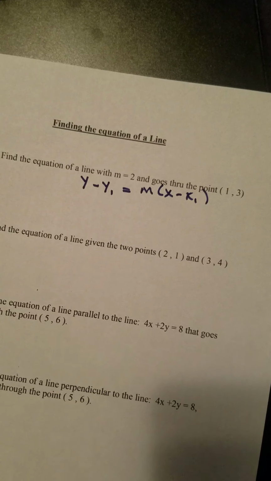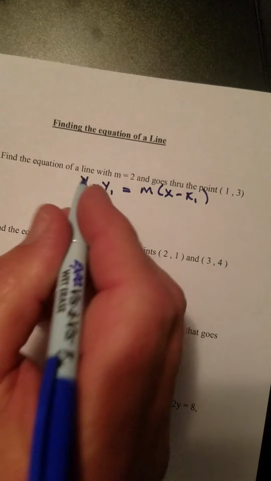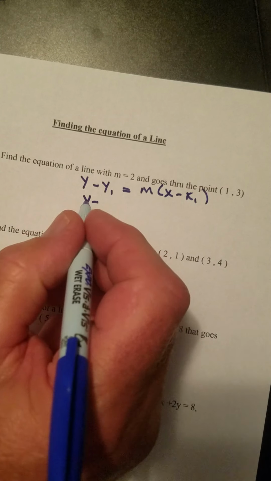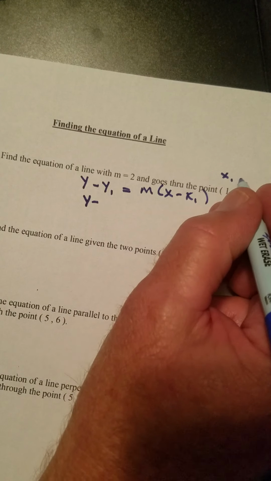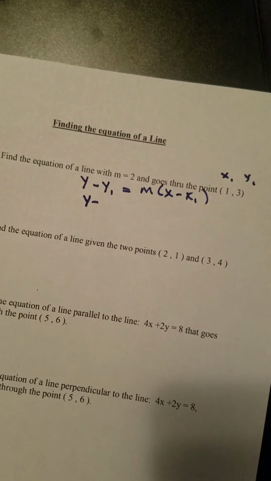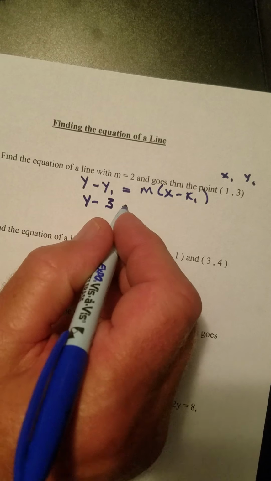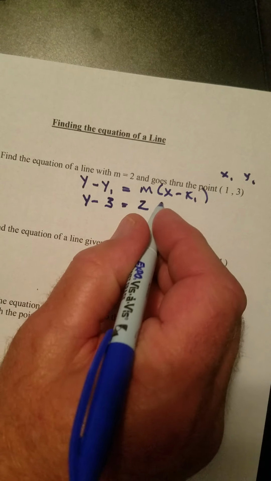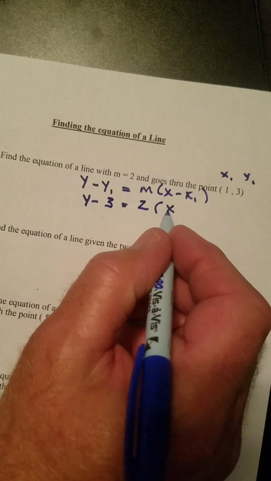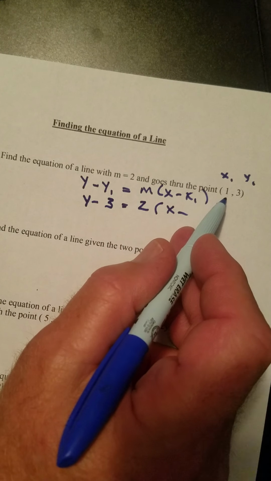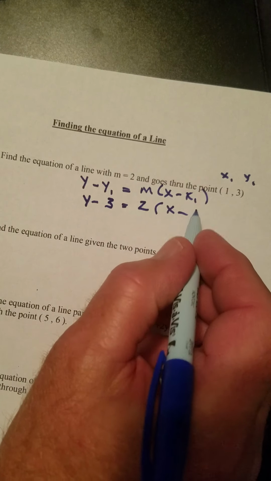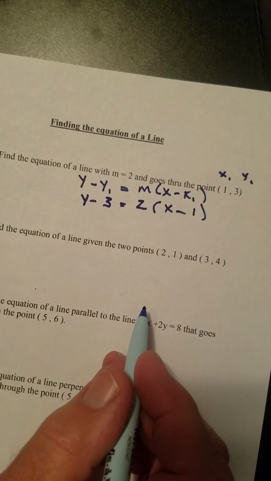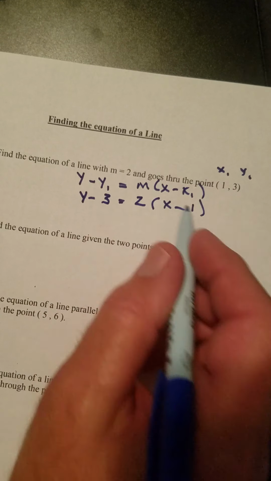That's what point-slope is for. So it's going to be y minus, and here's your x1, y1. I told you that would be the point they give you. So y1 is 3, so I'm going to put y minus 3 over here. The slope is 2. And it's going to be x minus, and what was the x value? 1. Now we've got an equation.